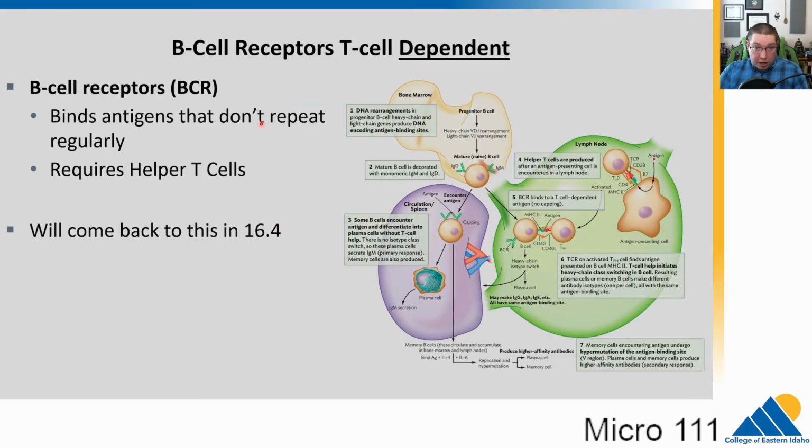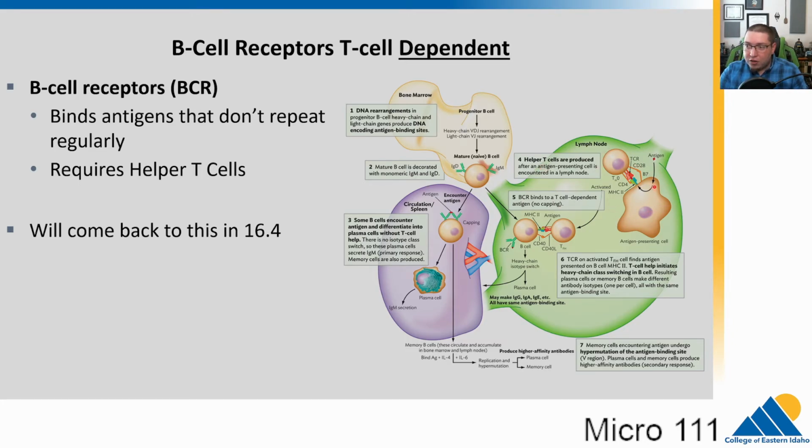The other type is T cell dependent. So in this example, the B cell receptor binds to antigens that don't repeat very well, but it requires activation by a helper T cell. So this helper T cell is going to have gotten an antigen from an antigen presenting cell, and it will come along.